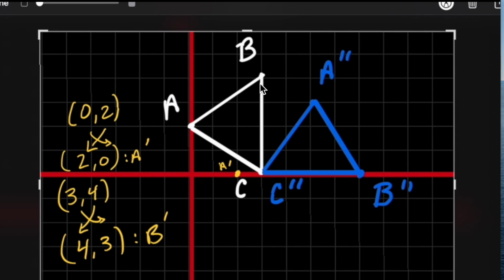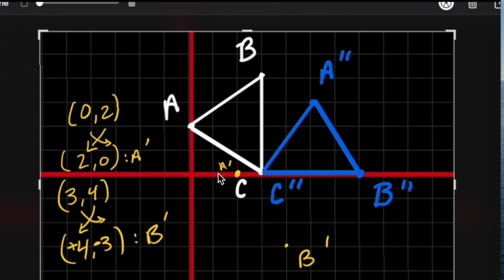Now, if you draw an imaginary line from the point that we're rotating to the center of origin, that would be our imaginary line. And we envision rotating that 90 degrees, we are going to be in the fourth quadrant. And in the fourth quadrant, the x-coordinate has to be positive and the y-coordinate has to be negative. So our B prime is going to be positive 4, negative 3.